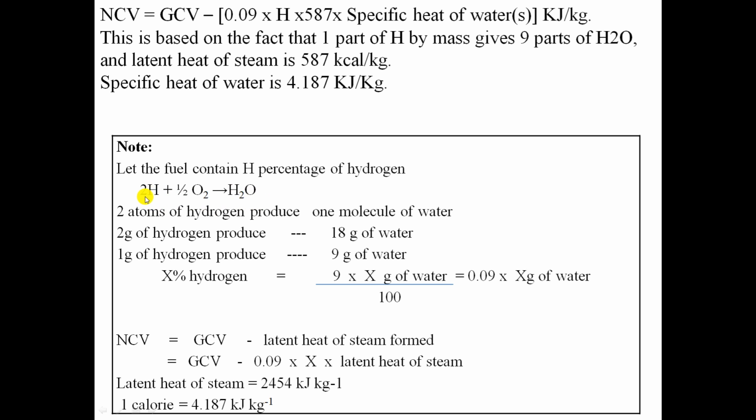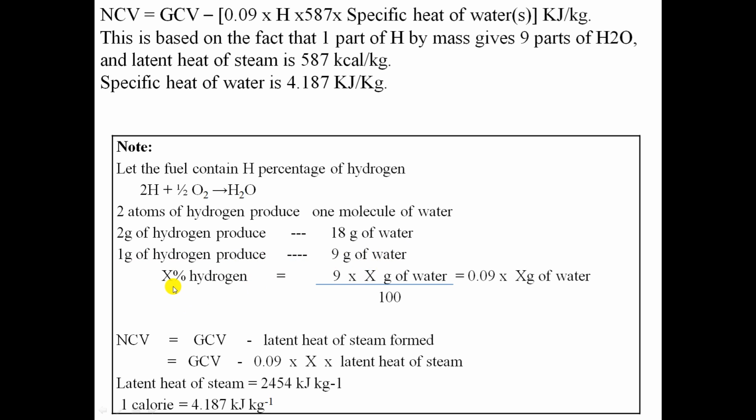In the above reaction, 2 atoms of hydrogen produce 1 molecule of water. That means 2 grams of hydrogen produce 18 grams of water. Therefore, 1 gram of hydrogen will produce 9 grams of water.